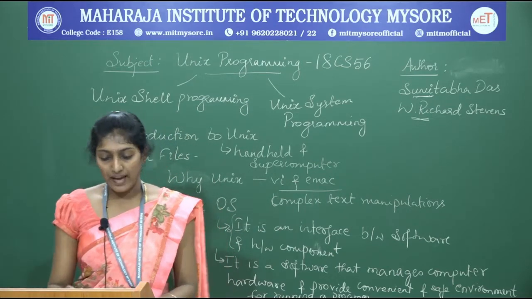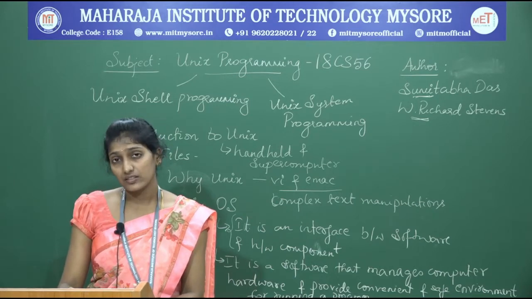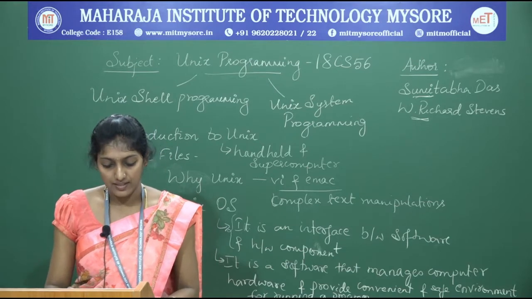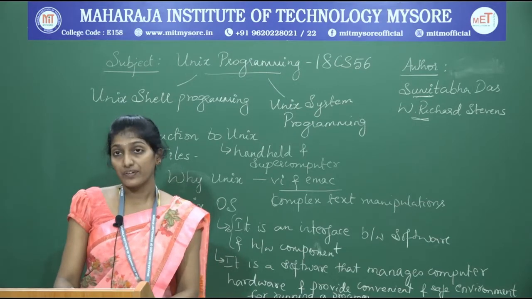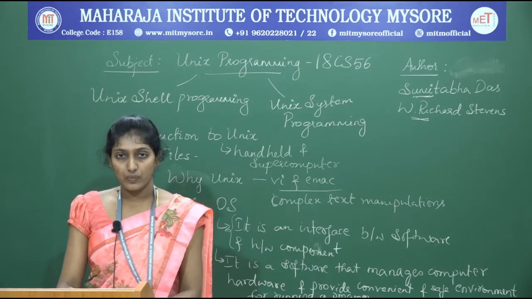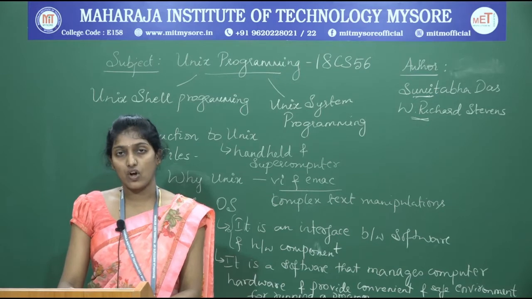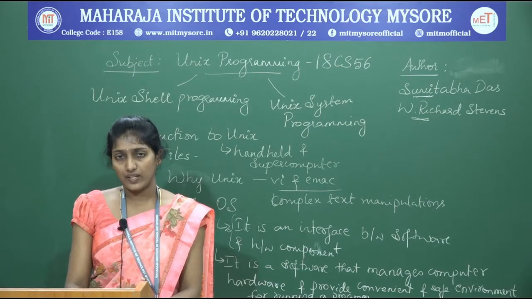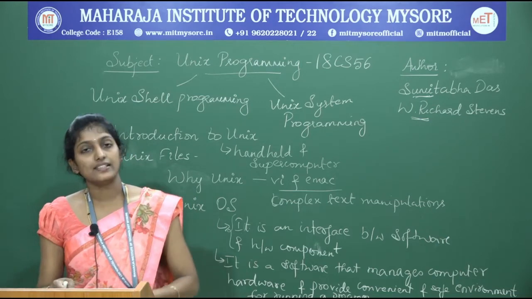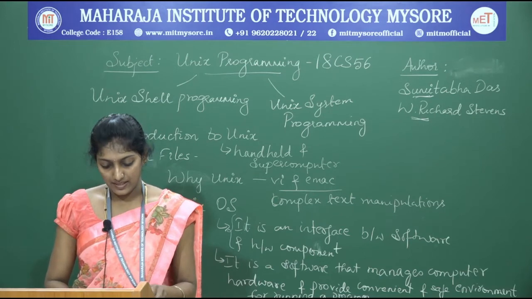Why do we use the Unix operating system? It remains a preferred platform for enterprise databases, for internet service providers, for web servers, as well as for electronic commerce. Why is it very secure? It does not give direct access to the system, when compared to the Windows operating system.